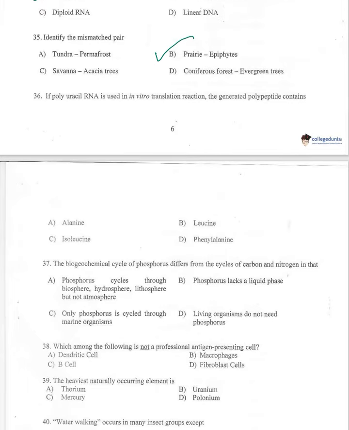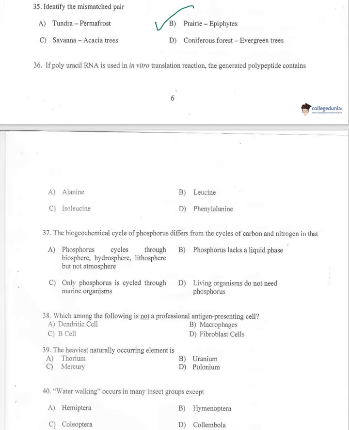Question number 36. If polyuracil RNA is used in an in vitro translation reaction, the generated polypeptide contains A, alanine, B, leucine, C, isoleucine, D, phenylalanine.